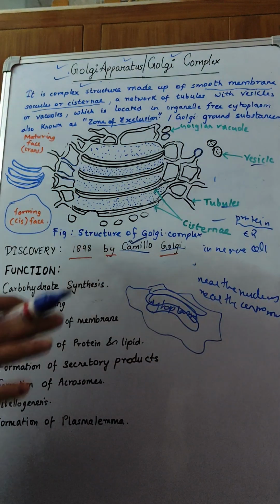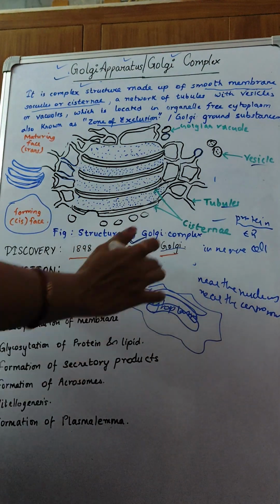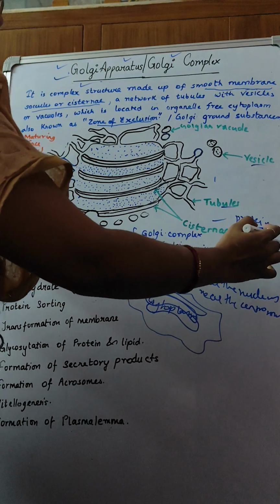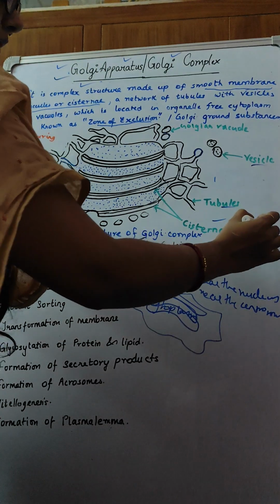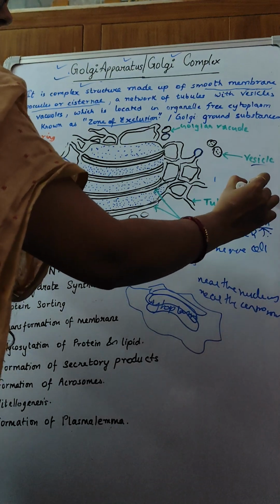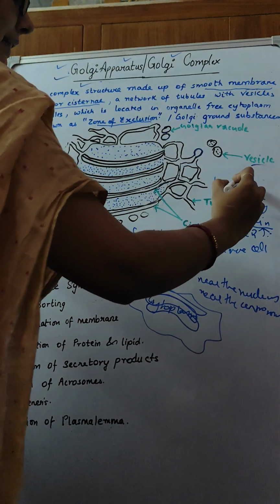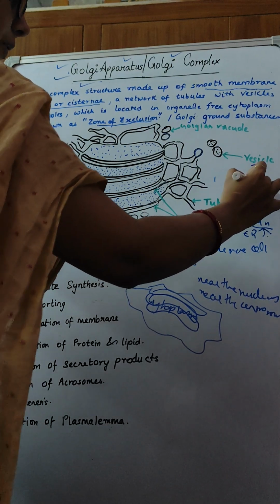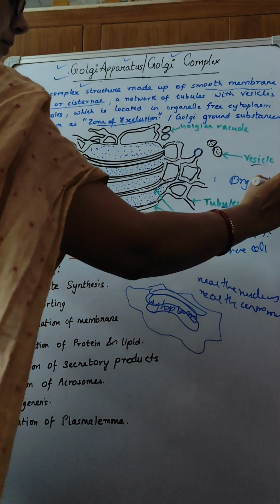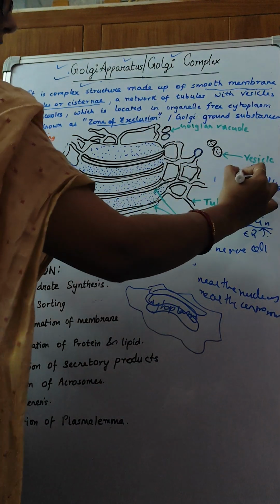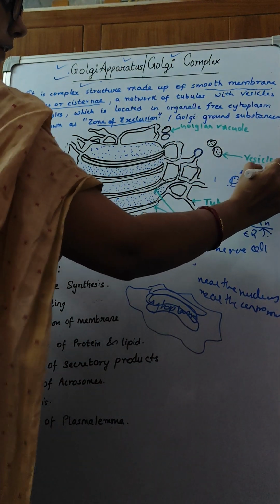It is a part of the endomembrane system, so it will receive, let us suppose, protein from the endoplasmic reticulum, and this protein will enter the Golgi apparatus, and from there it will be moved to whatever organelle it wants to get transferred to, its destined organelle.